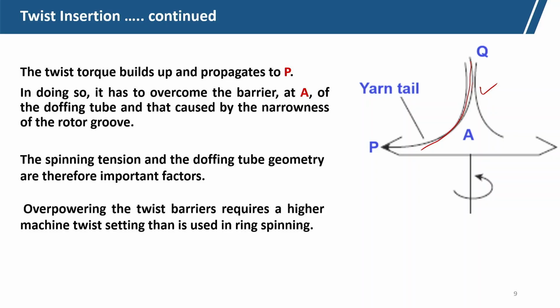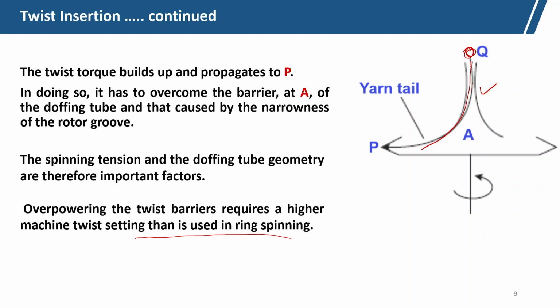Overpowering the twist barrier requires a higher machine twist setting than that used in the ring frame. That is important. Here we have to have high twist in rotor spinning. That is why in rotor spinning we normally cannot have low twist.